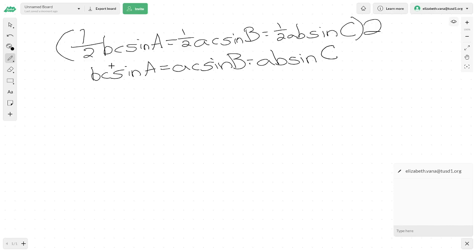All right, so we're left with this. Now if I divide everything by A, B, and C to simplify, this B cancels with this B, this C cancels with this C, this A cancels with this A, this C cancels with this C, this A and this A cancel, this B and this B cancel.